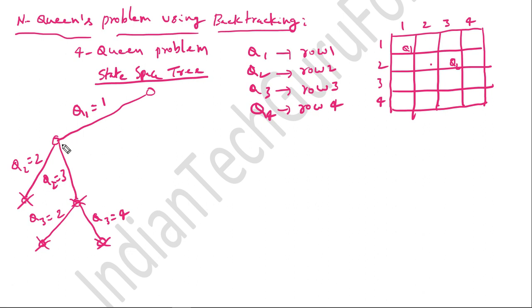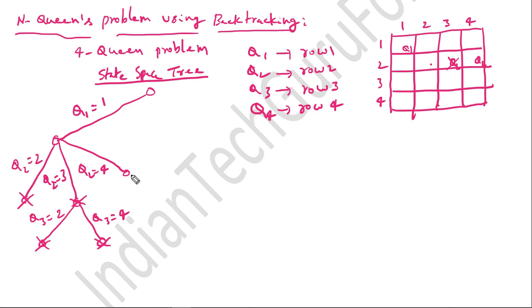Now we need to go for another path. We are not placing q2 in the third location, so this is cancelled. Now try placing q2 in the fourth location. q2 here is acceptable.